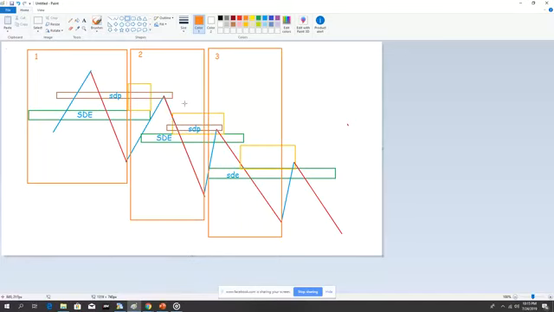You look at the higher high here, and you have to make sure the higher high is coming from the previous SGB also.